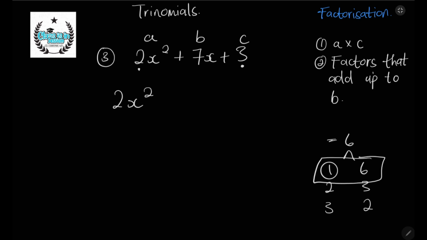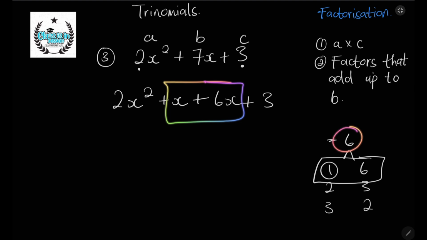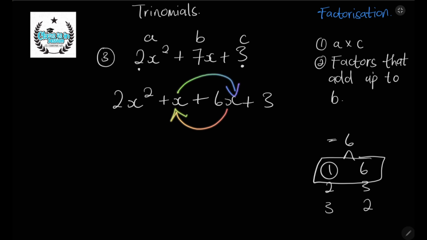So it's 1. We can just write this as x, as it should be 1x, plus 6x. We're left with a positive 3. When dealing with these terms, as they are the factors of 6, you have to make sure that you put them in the correct order. In some cases, you might have to make sure that your 6 is there and this x is that side.